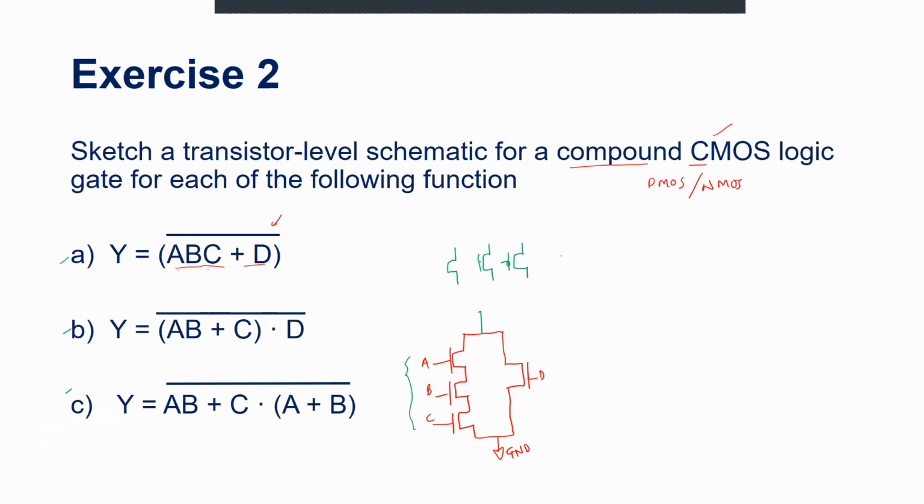So you see here, I have A, B, and C, and they are forming a parallel combination. Now D was in parallel with ABC, so D would come in series with this network.